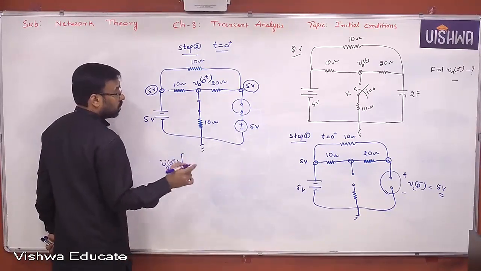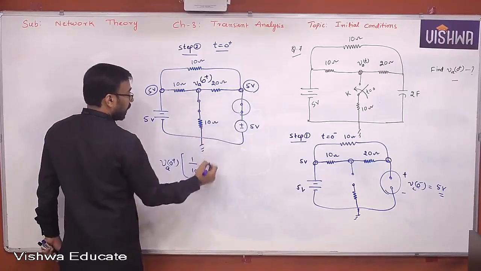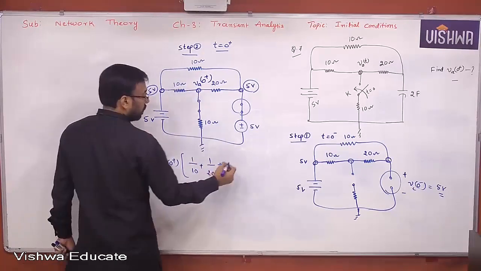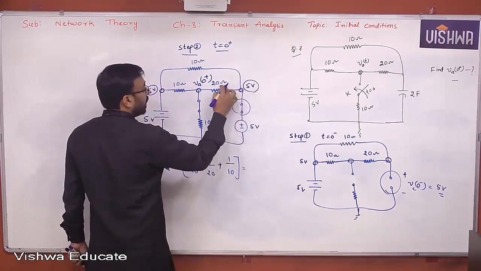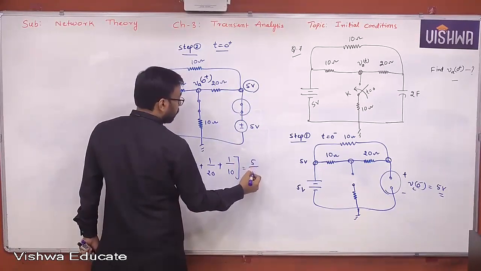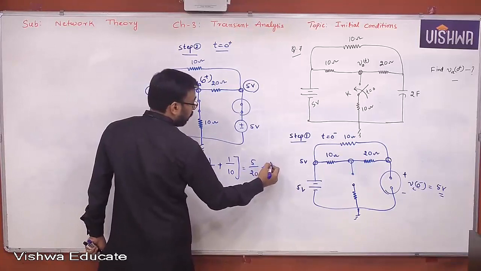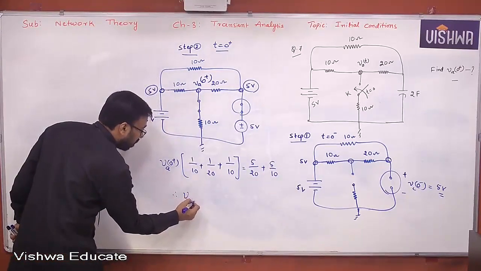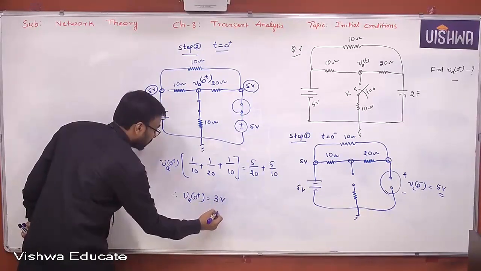I'm using inspection, okay. 1 by 10, 1 by 20, 1 by 10 is equal to 5 by 20, 5 by 10. That's it. Solve this. VA of 0 plus, you will get 3 volts is the answer.